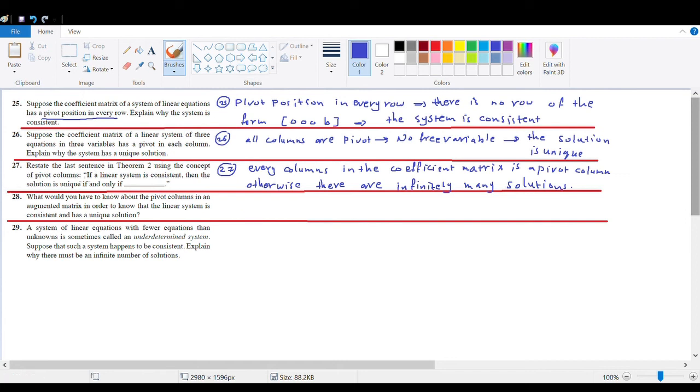So here we can say it for 28. We can erase this part because we need more space.